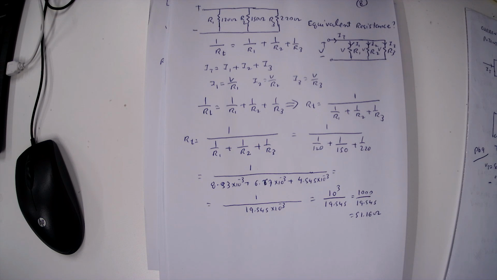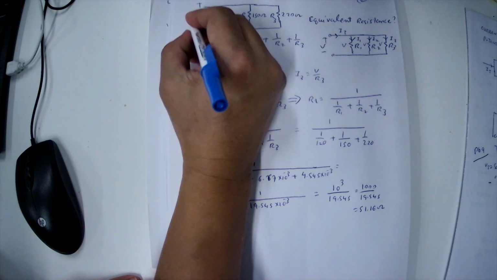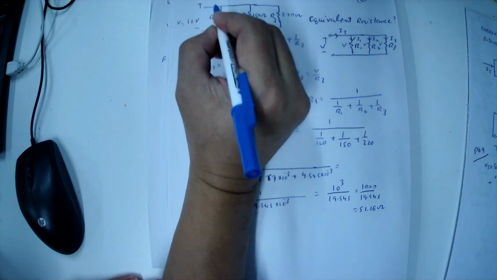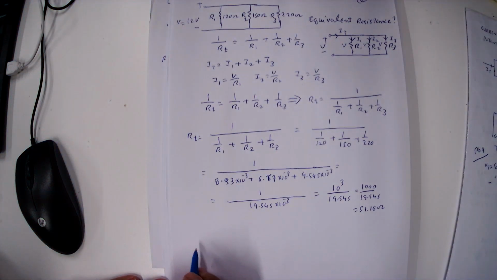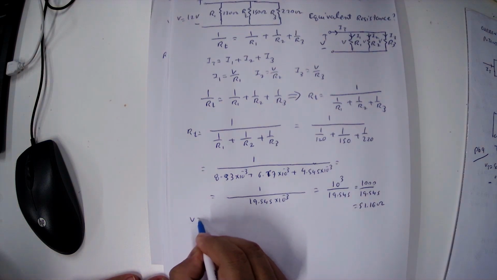Then we also need to calculate the current flowing into R1, R2, and R3. Supply voltage is 12 volt. So in this case, V equals 12 volt.